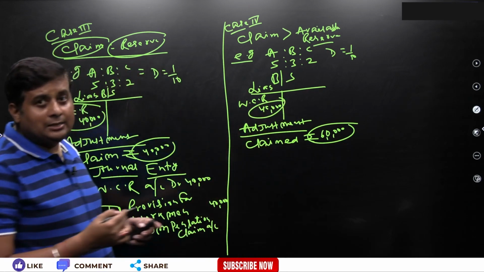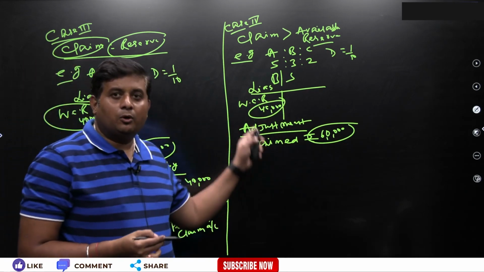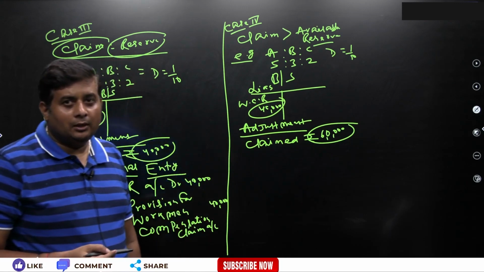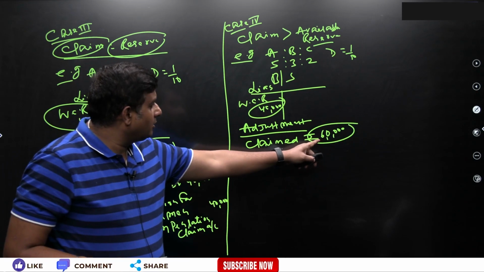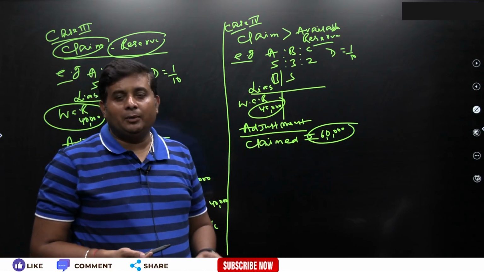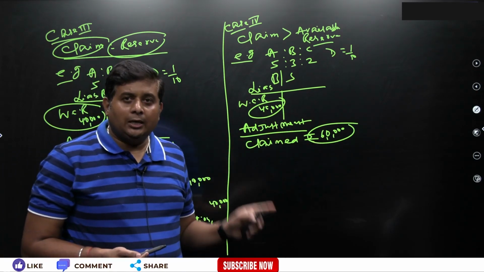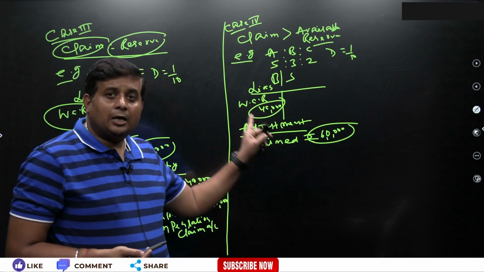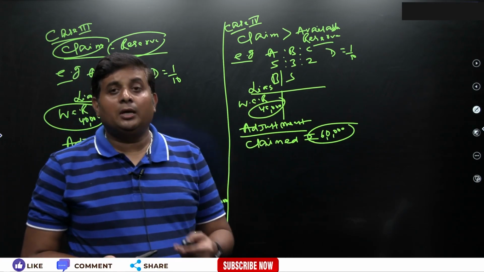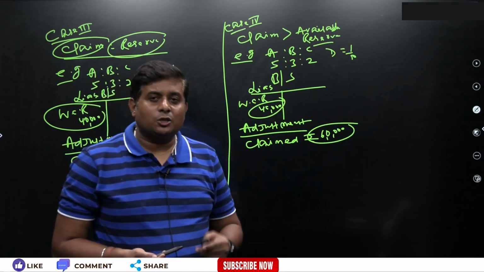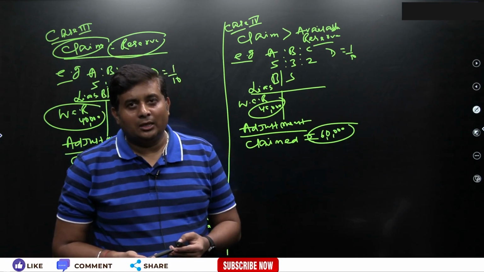So this is the claimed amount of 60,000 and this is the available reserve. Here you can easily notice that your claimed amount is greater than your available limits. Now, what about the 20,000? Because 60,000 is the claimed amount and we have the availability of 40,000 only. So we can adjust up to an extent of 40,000. The remaining 20,000 would be a loss for the organization and has to be transferred to the revaluation account.